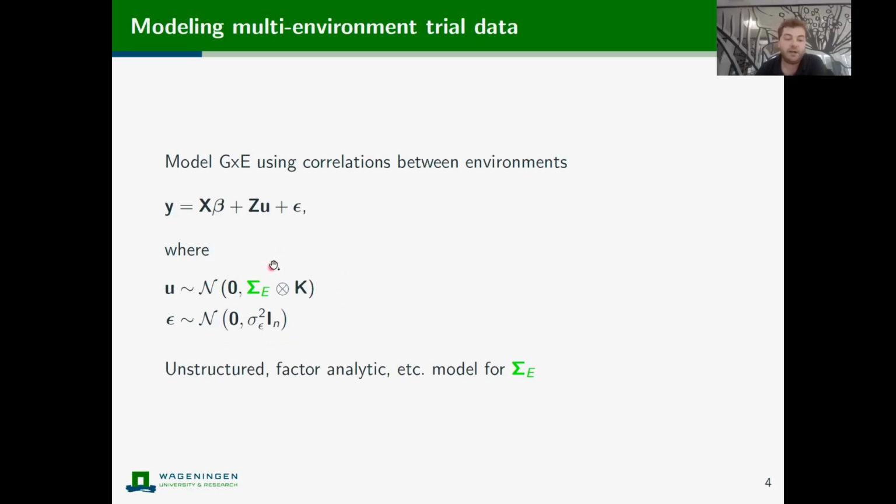For the genetic part, we have the kinship, but we now have this Kronecker product with some sort of covariance matrix that describes the correlations between environments, the genetic correlations, which, if they're very high, means there's little G by E. If they're close to zero, there's a lot of G by E, a lot of crossover interaction. K is normally known, given the SNP markers, and sigma E is something that we would have to estimate using maybe an unstructured model, factor analytic, or compound symmetry, different structures that have different numbers of parameters.